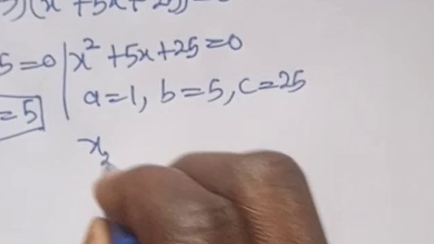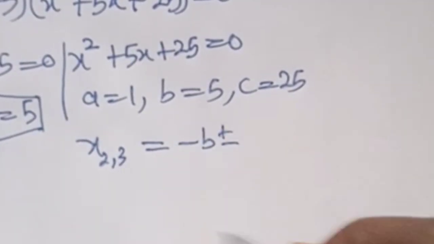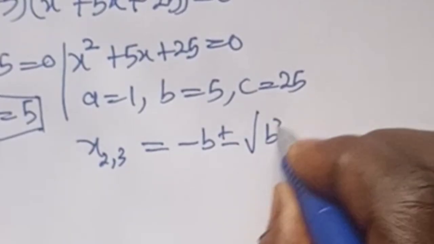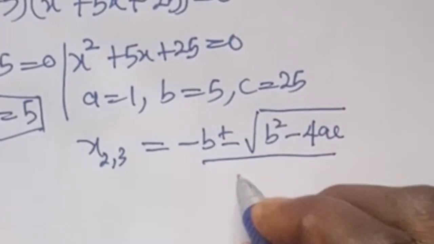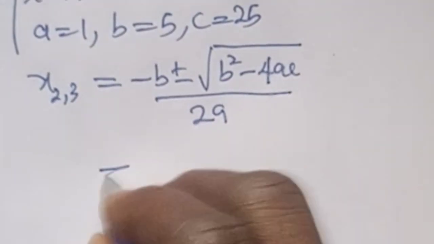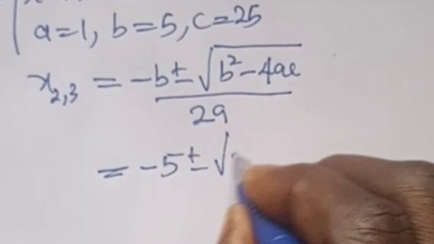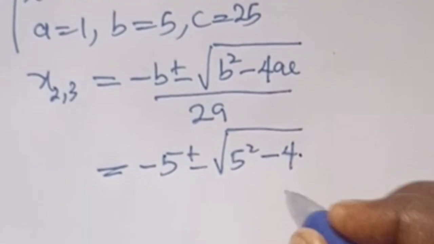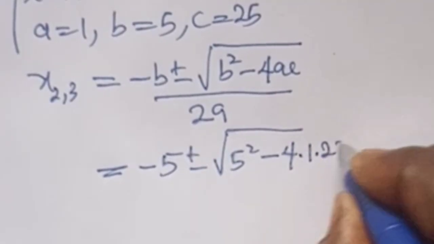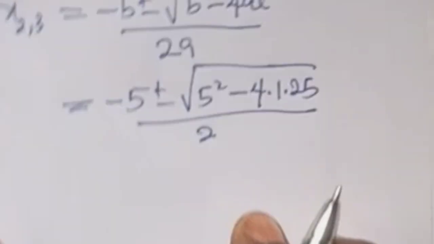So for x2 and x3, the solution can be given as minus b plus or minus square root of b squared minus 4ac, all over 2a. So if we introduce our values, this will become minus 5 plus or minus square root of 5 squared minus 4 times 1 times 25, all over 2.